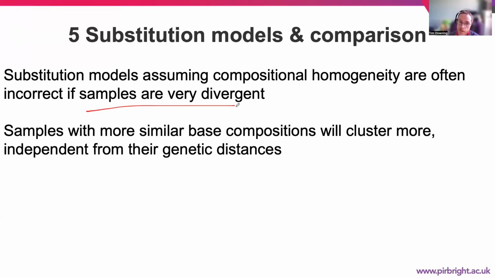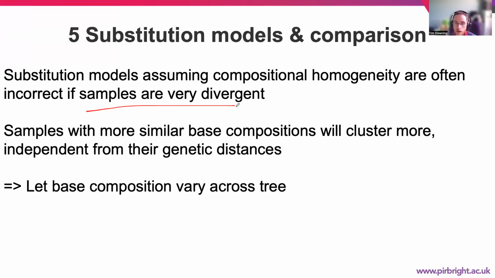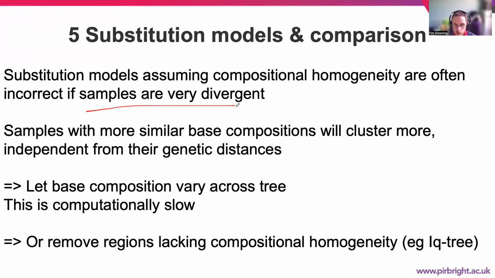So what better models do is let the base frequency, the composition, vary across the tree. The challenge in that area is that this is computationally slow. Another option is to do something like IQ-TREE does, which is to remove regions lacking compositional homogeneity. Obviously, that loses data, so it depends on what's important for your particular research question.